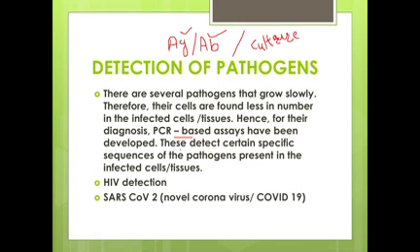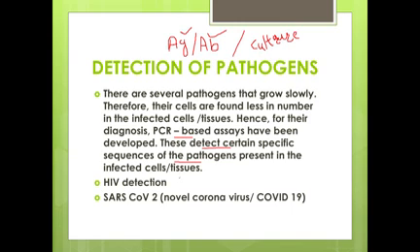These PCR based assays detect specific sequences of the genome of the pathogen present in the infected cells, and amplify them so as to become visible so that we are easily able to detect them.